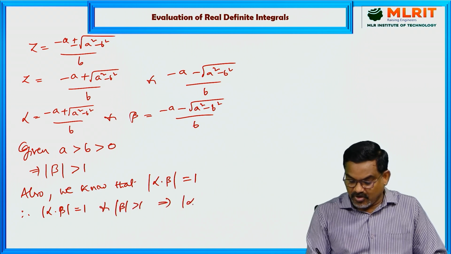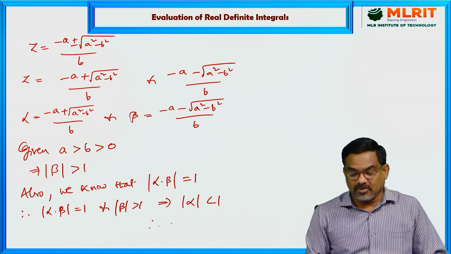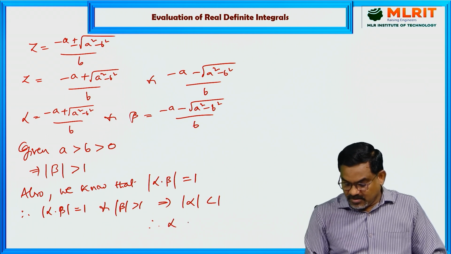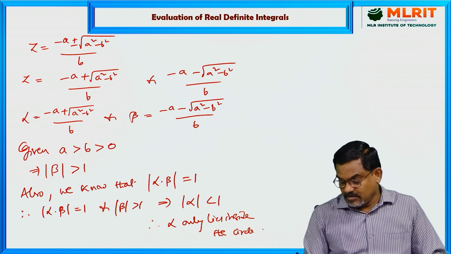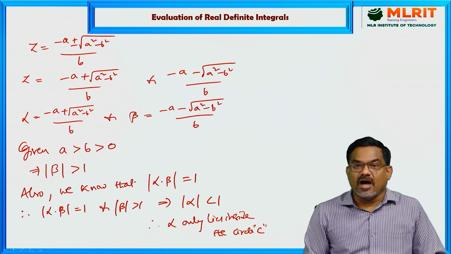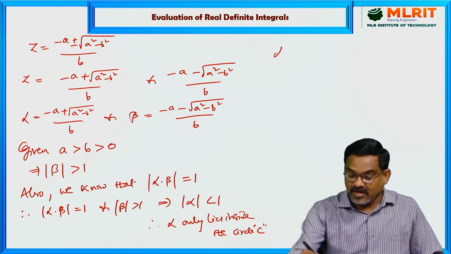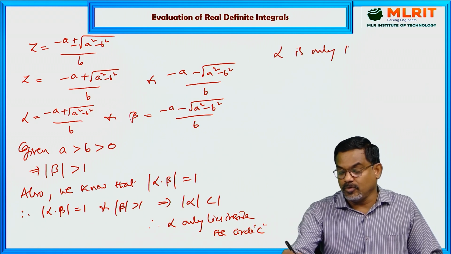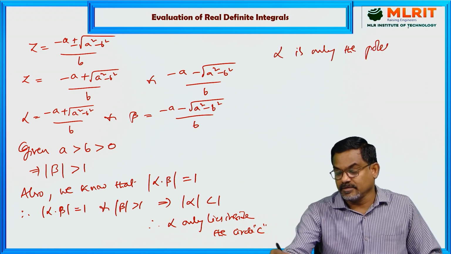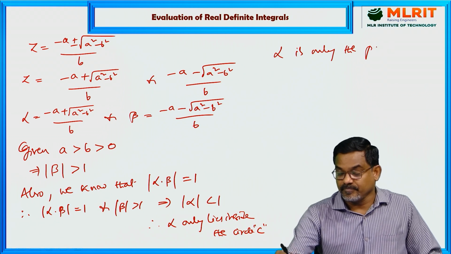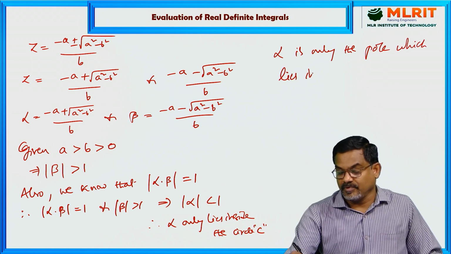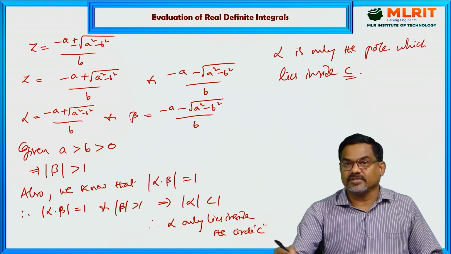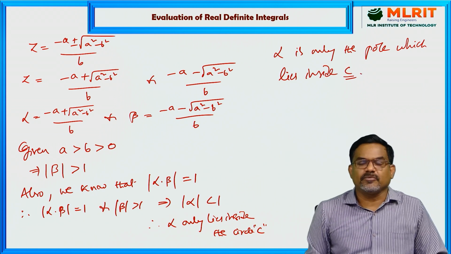That implies mod alpha is less than 1. So therefore this alpha only lies inside the circle C. So here alpha is the only pole which lies inside the given circle.